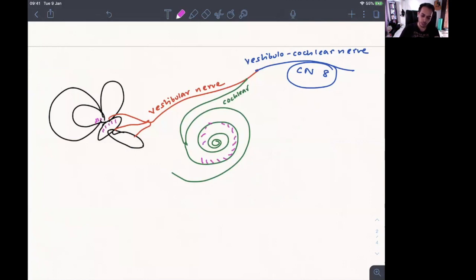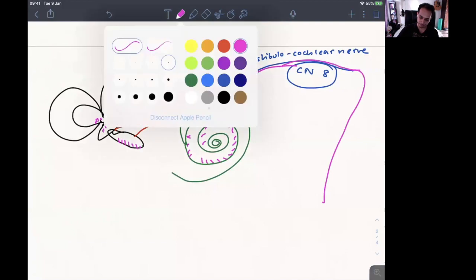In the vestibule, the hair cells are stimulated by the endolymphatic fluid. So the movement of the endolymphatic fluid will stimulate the hair cell, and therefore you know which direction your head is moving. And in the cochlea, the hair cells are stimulated by vibration. So different areas of the cochlea are stimulated by different frequencies. And that is how you hear sounds. That is how you can differentiate sounds. So both of them will go together as cranial nerve 8, and it will enter into the brainstem.